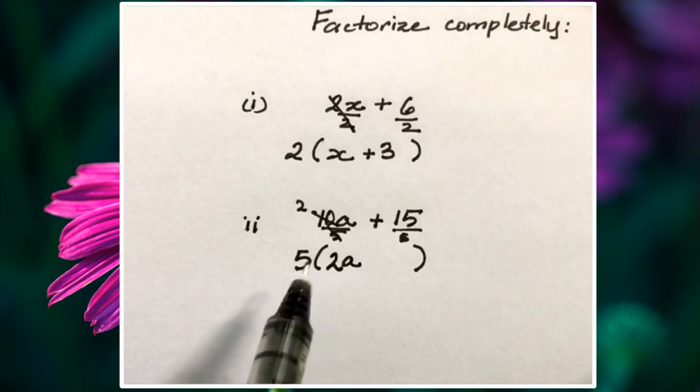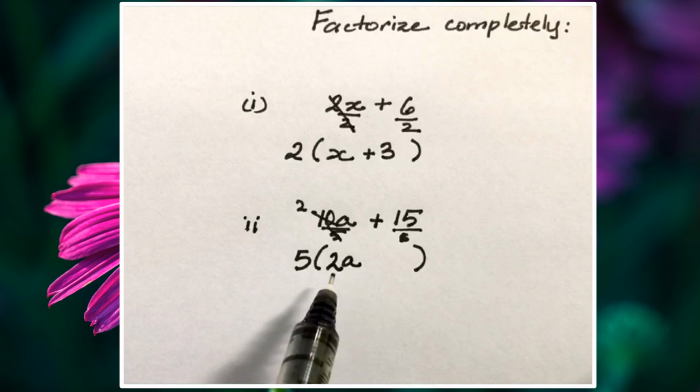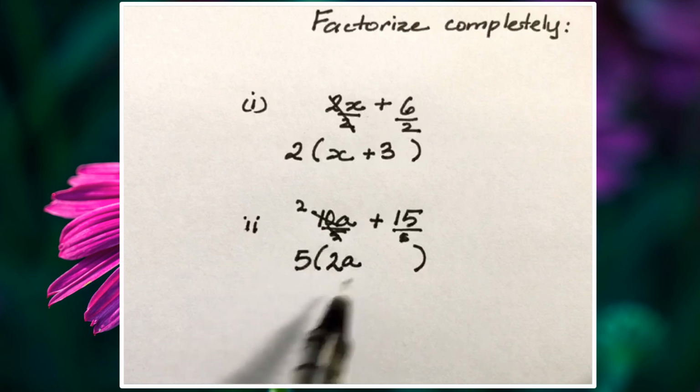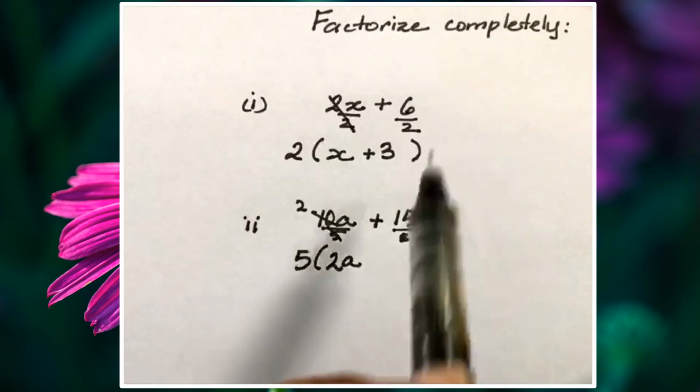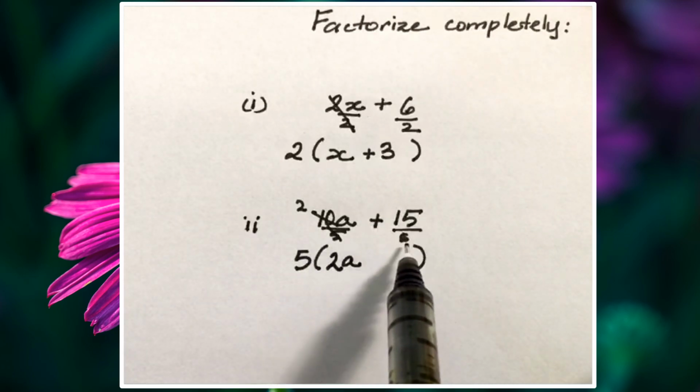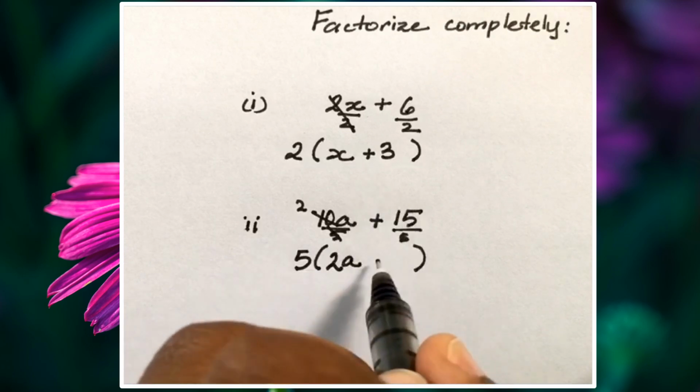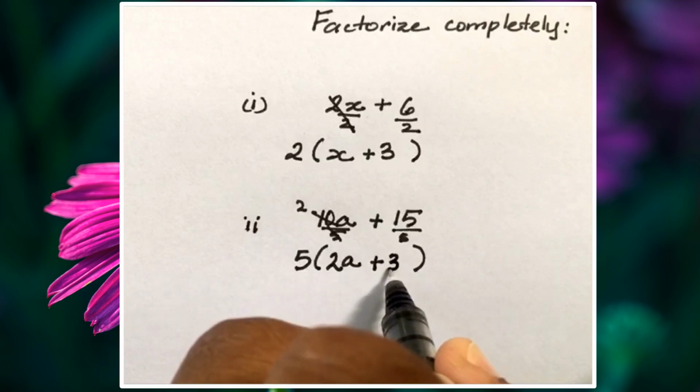If I multiply it out, I'm going to get 5 times 2a, which is 10a. So this is correct so far. Now I have positive 15 divided by 5, and that will give us a positive 3.